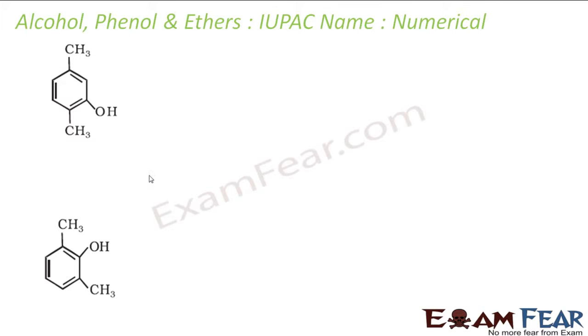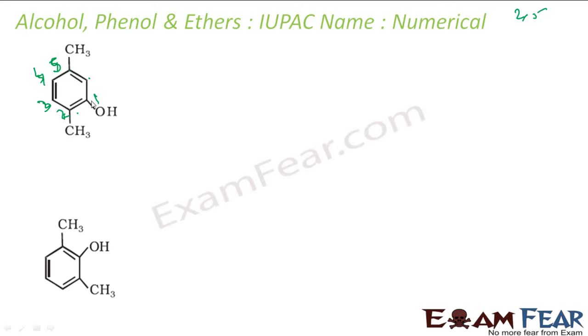Let's see this. Here also this is a phenol, and in phenol I have at 1, 2, 3, 4. Or the other option is 1, 2, 3, 4, 5. 2,5 is one option. Sorry, this will always be 1. 1, 2, 3, 4, 5. Yeah, 2,5.